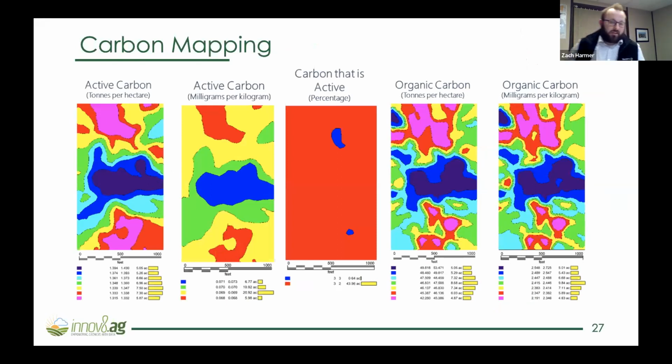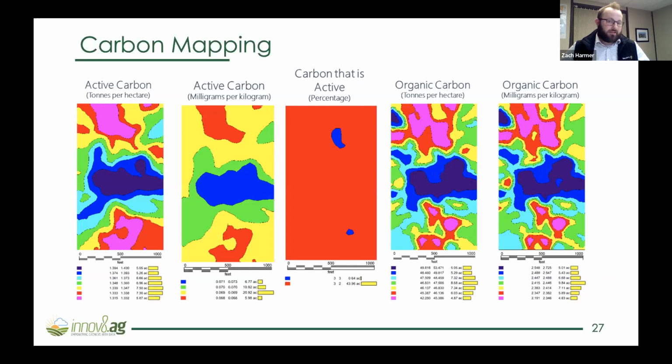So following the same methodology as capturing fertility and texture, we're also capturing carbon now. There's a lot of untapped potential, I think, and a lot of questions that still need to be answered with respect to carbon. But this is a space that we see evolving quickly, and I've no doubt 2022 will be even busier with respect to adoption.